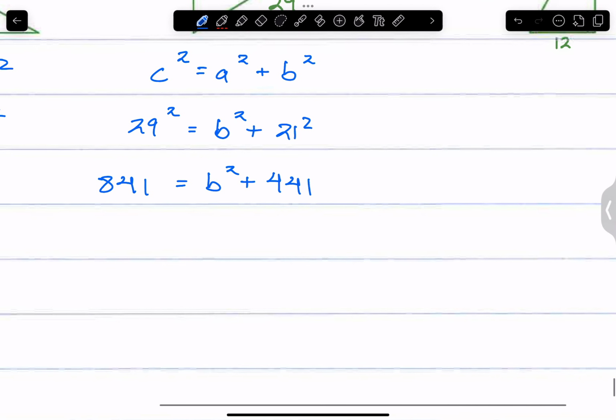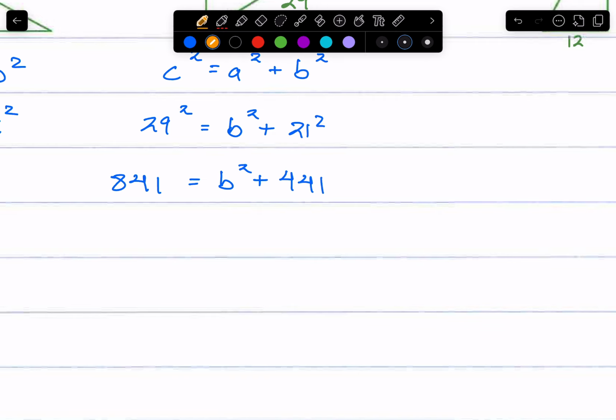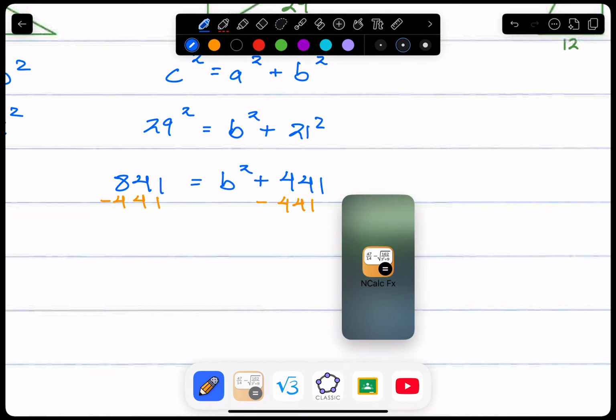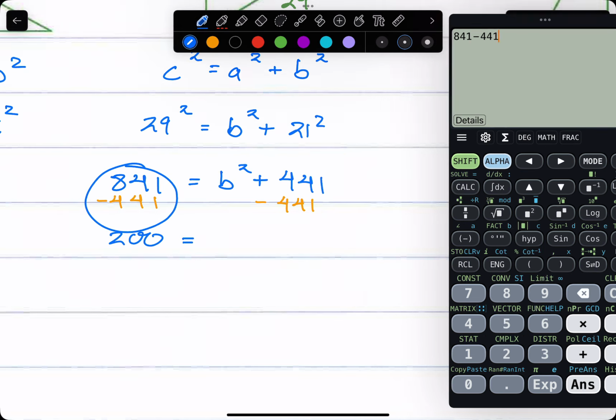And now from here, this is just a basic equation. We want b squared on its own, so I'm going to subtract 441 on the right-hand side and subtract it from the left-hand side as well. So in our calculator, 841 minus 441 gets us 200. So this is equal to 200.